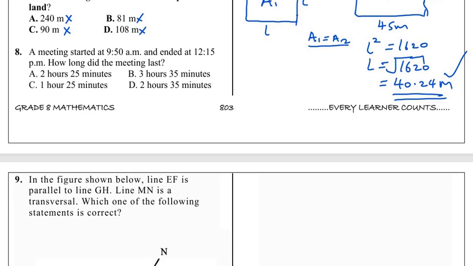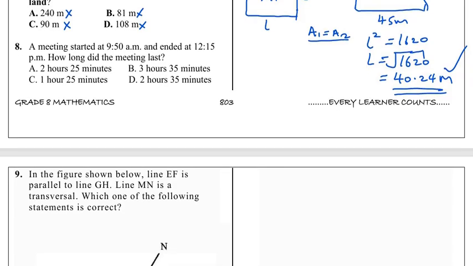8. A meeting started at 9:50 a.m. and ended at 12:15 p.m. How long did the meeting last? If you get this kind of a question, it is good to be wise always. And to be wise is to use wrong method, which will guarantee you getting the right answer.